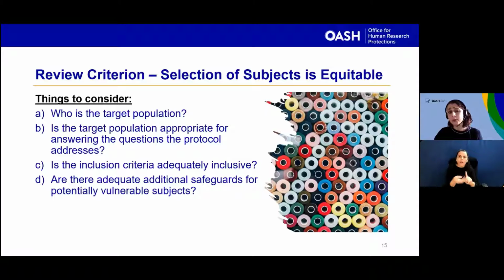And this includes children or economically or educationally disadvantaged persons. So if you revise your inclusion criteria to target the general public, you may need to think about the additional safeguards that may be necessary for inclusion of some who may be economically or educationally disadvantaged among various other types of vulnerabilities.